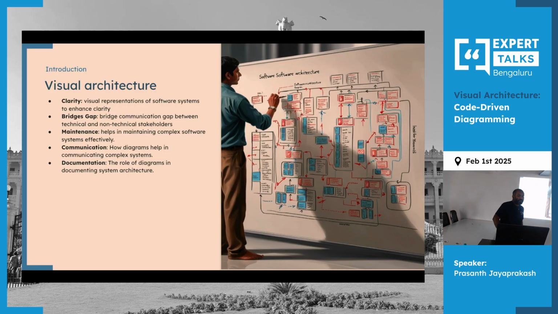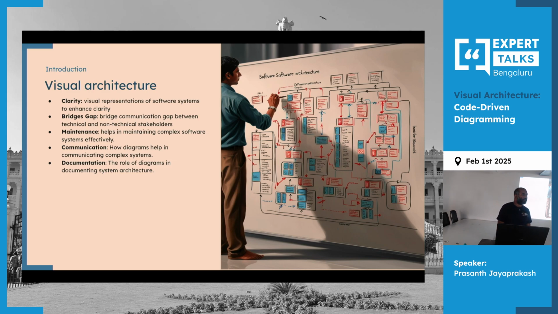So let's recap why visual architecture diagrams are really important. It's basically to give clarity of the systems which we are working on. When someone new is coming into your project, or you want to see how the systems work, it is easy to see a diagram and understand the system rather than going through a lot of docs or reading through a lot of text.